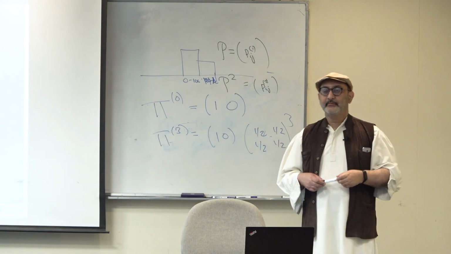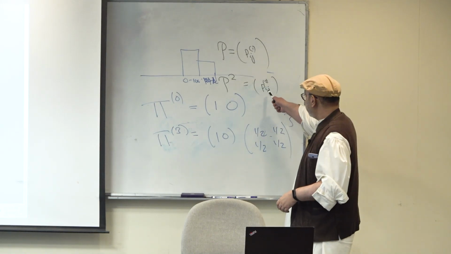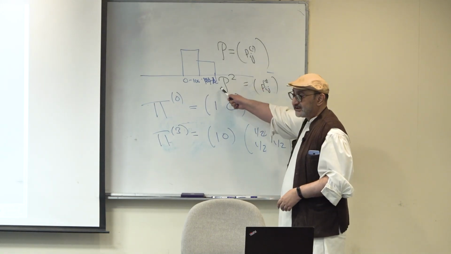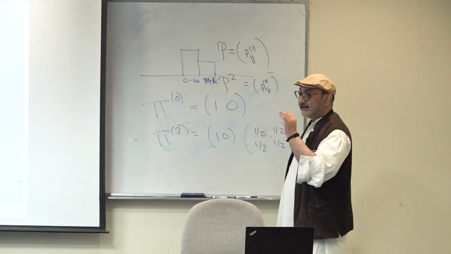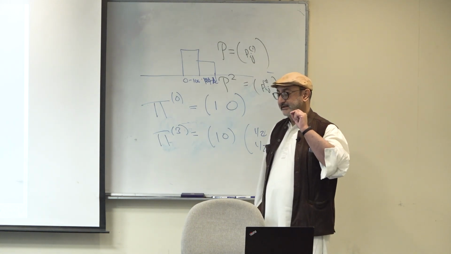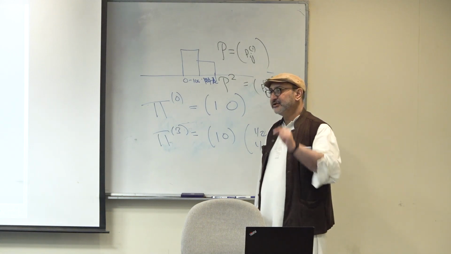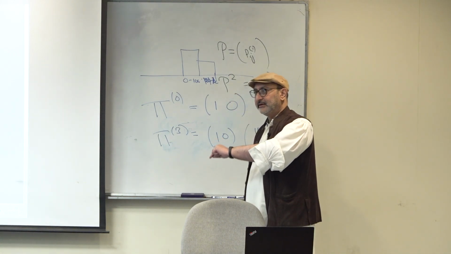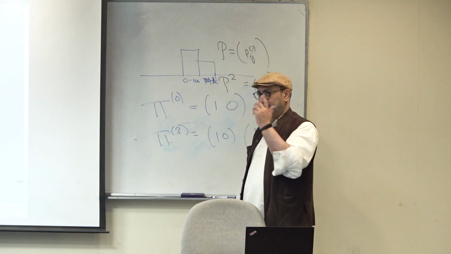That says the ij entry of this matrix is the probability that if you were currently in state i, then in 2 time steps, you would be in state j, right?